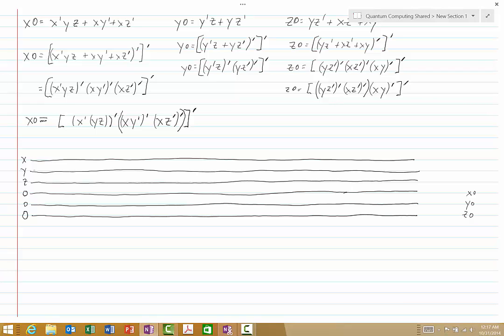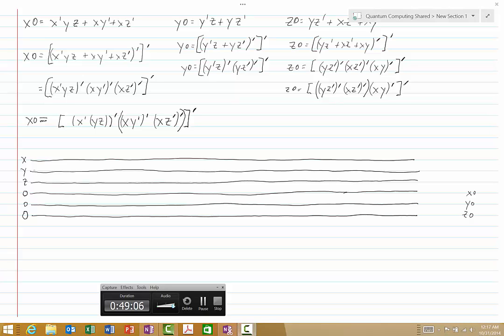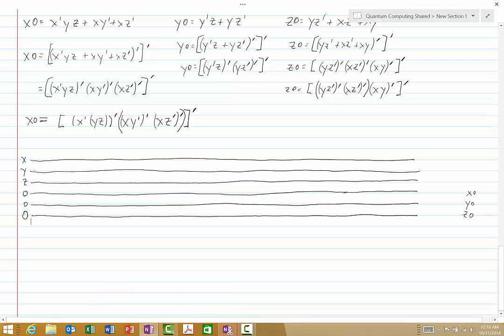So if we take the approach first of trying to construct this term, well, I tell you, I'm determined not to make this lecture too long, and I think that to entirely construct the term for XO and ZO and YO would take far too long.